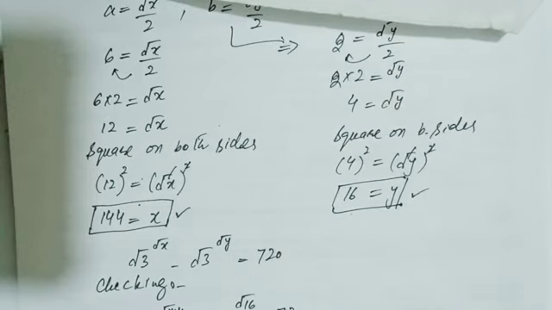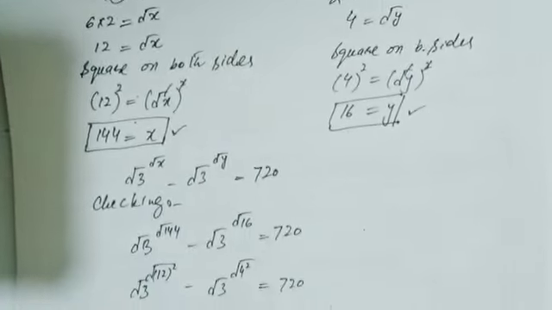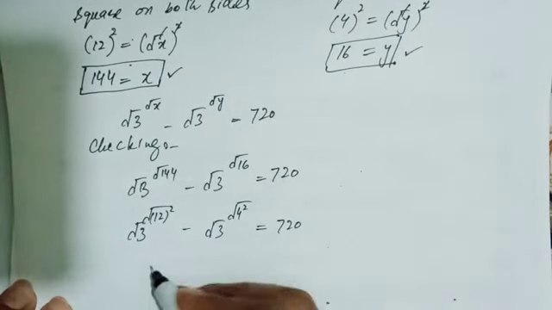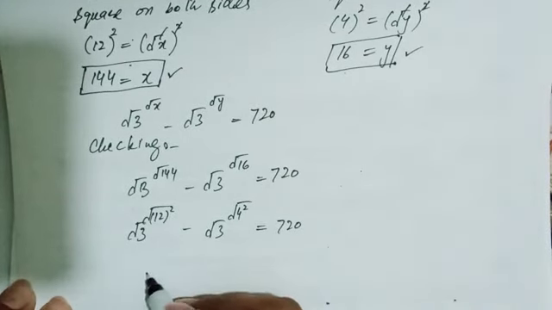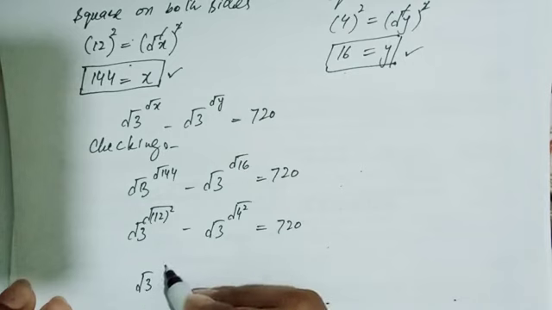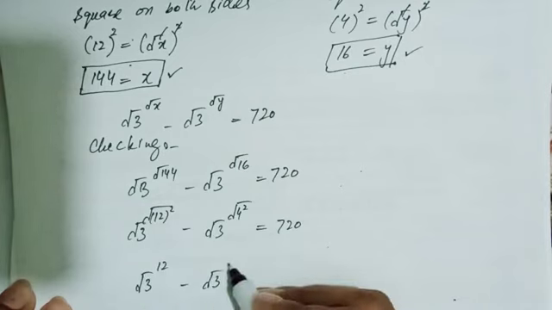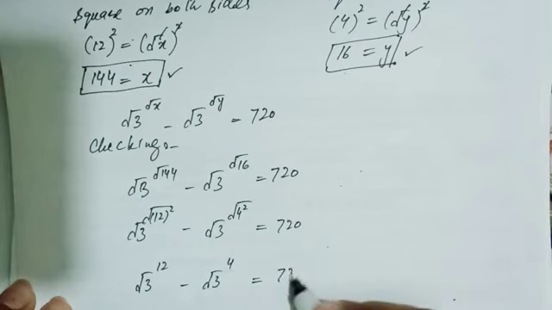So square root 3 to the square root of 144 is 12, minus square root 3 to the square root of 16 is 4, equals 720. It will be square root 3 to the power 12 minus square root 3 to the power 4, which is equal to 720.